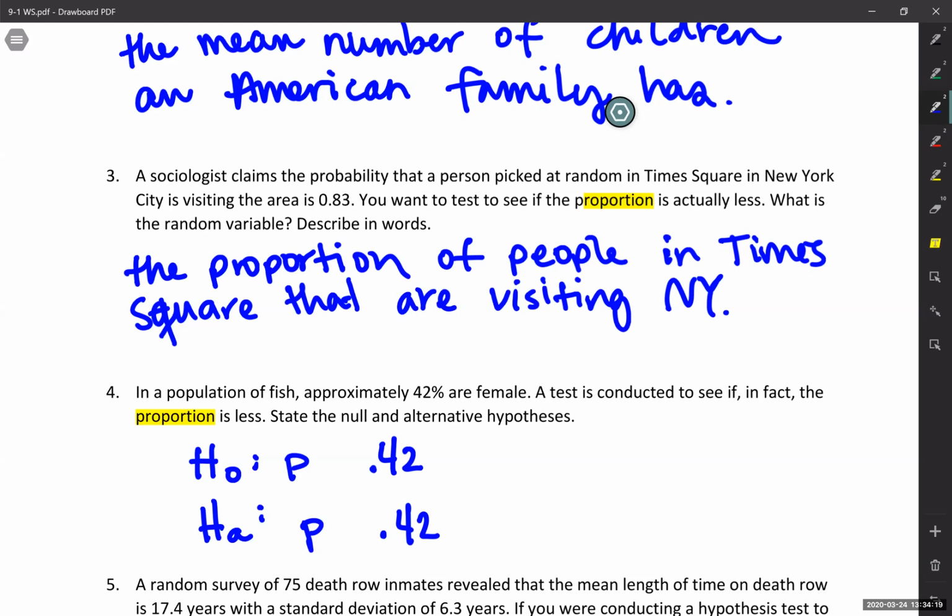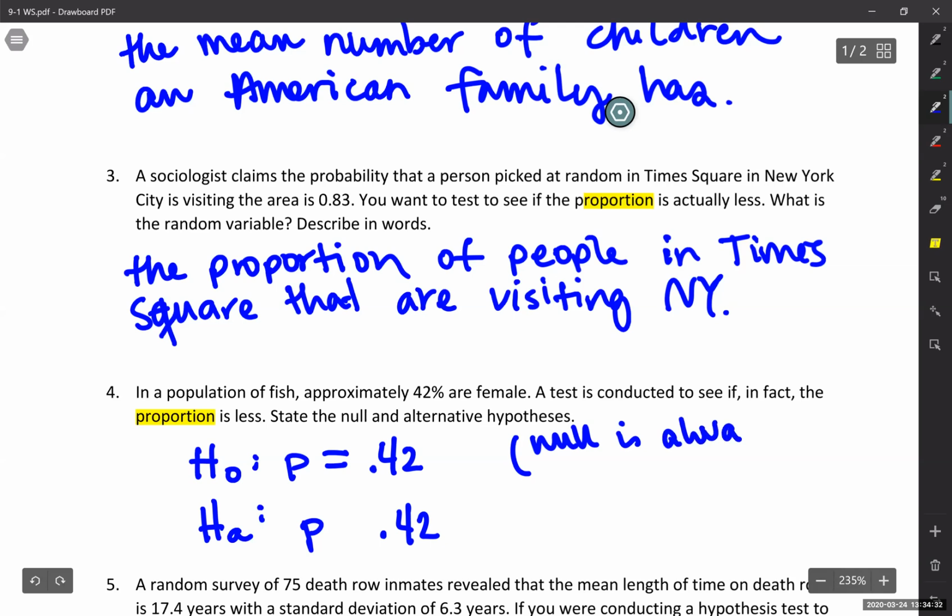And then finally, we need the symbols. And so the null is always equal. And then for the alternative, I want to look at the claim. So I'm claiming, I'm doing a test to see if the proportion is less.